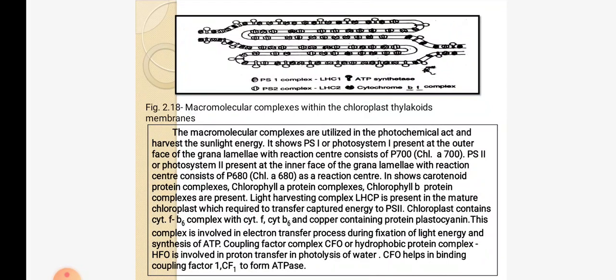Chloroplast contains cytochrome f b6 complex, cytochrome f, cytochrome b6 and the copper containing protein plastocyanin. This complex is involved in electron transfer during fixation of light energy and synthesis of ATP, or adenosine triphosphate.